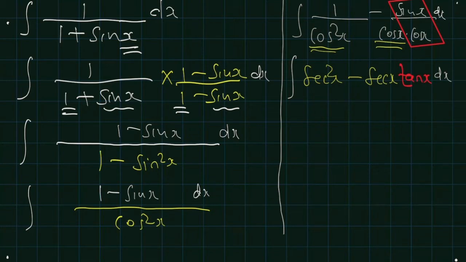Do I have the formula for integration of sec square x? Yes, it is tan x. Do we have a formula for integration of sec x tan x? Yes, it is sec x. So we get tan x minus sec x plus c, and that's my answer.